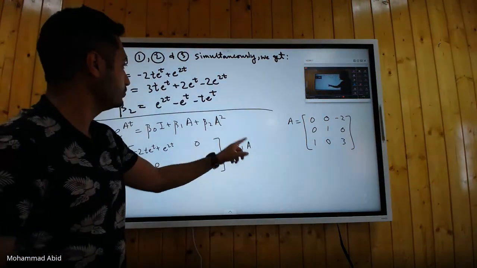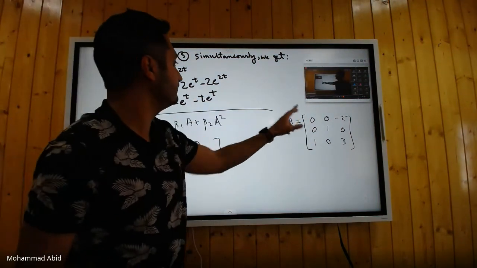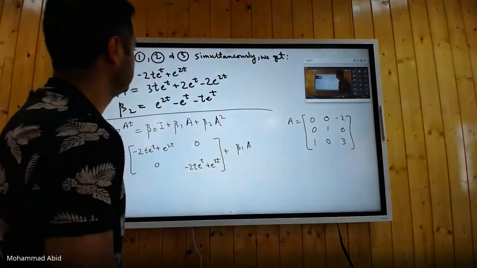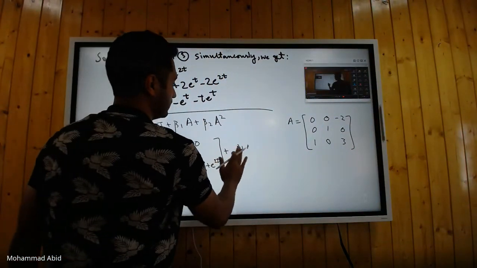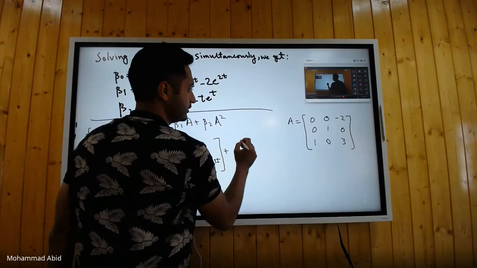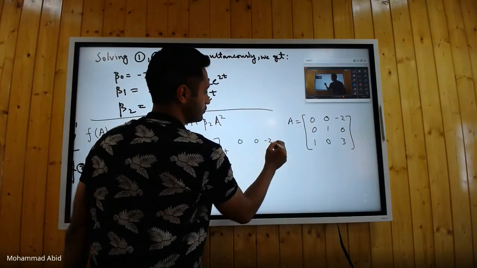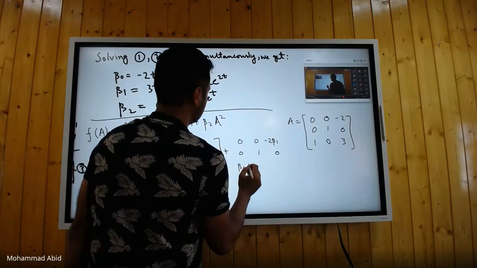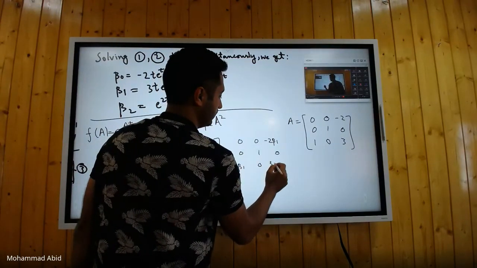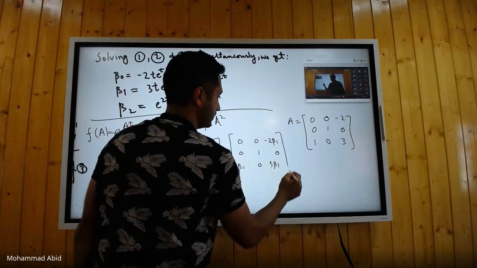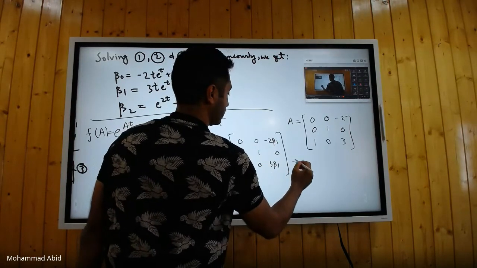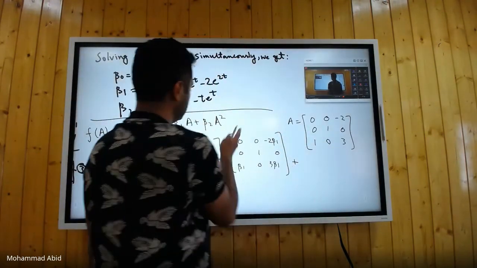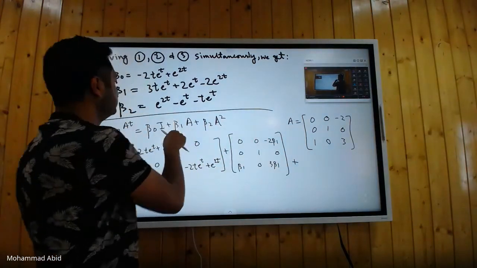So you have to do beta 1 into A. Beta 1 is this, so every entry will be multiplied by beta 1. तो यहाँ पे maximum term 0 है, just have 2, 3 and 1. वो multiply हो जाएगा, so it will be just like this. 0 0 -2 beta 1, 0 1 0 beta 1, 0 3 beta 1. यहाँ पे congested हो जाएगा and you'll be having what? A square. First you have to do the square of A, then you have to multiply each entry by beta 2.